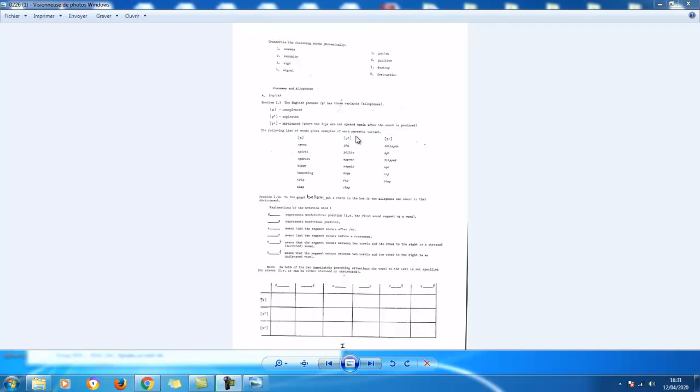Where are we going to pronounce it as aspirated? And where are we going to pronounce it as unreleased? So try to work on this here now that you have got the things explained, and when we have got the other occasion, of course, we are going to finish the whole answer to this exercise.